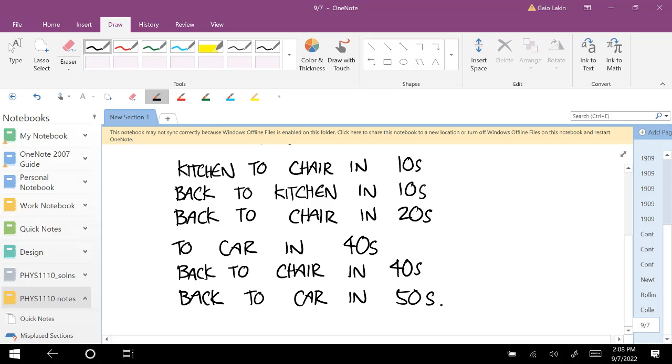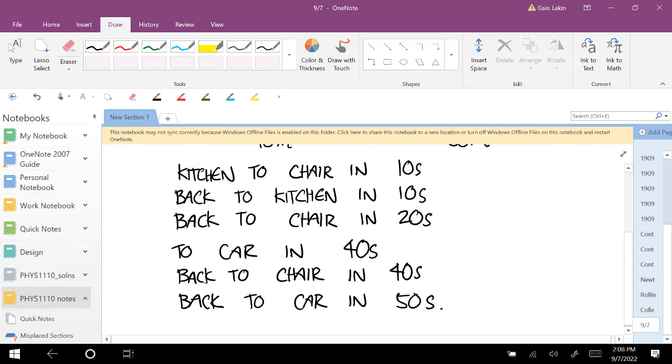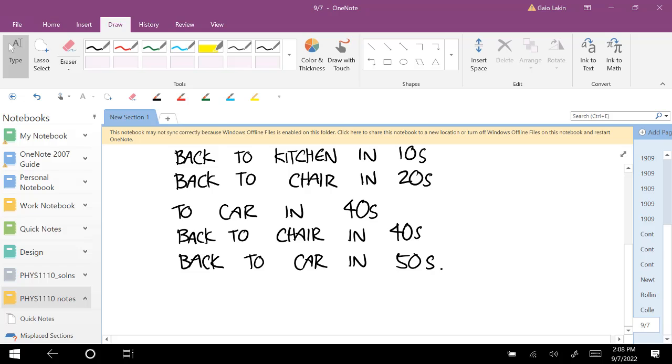And we want to draw a position versus time graph of this. Before we can do that, we have to choose an instant that's going to represent our zero time. So let's say zero time is when I start in the kitchen.